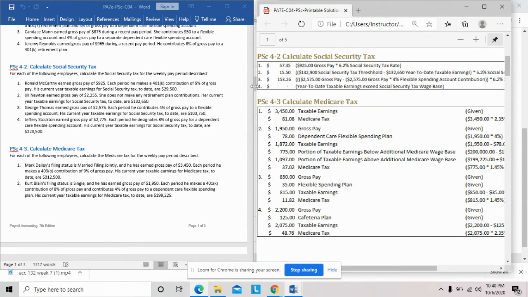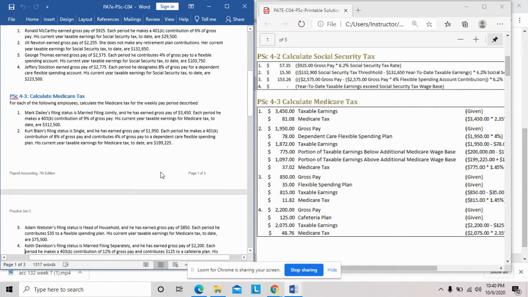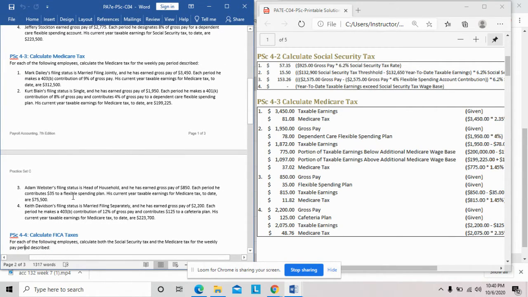Problem 3 of the Medicare tax. Adam Webster, filing head of household, and he has earned a gross pay of $850. Each period he contributes $35 to the flexible spending plan. His current year taxable earnings for Medicare tax to date are $75,500.